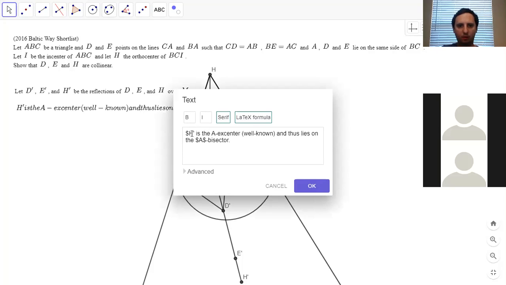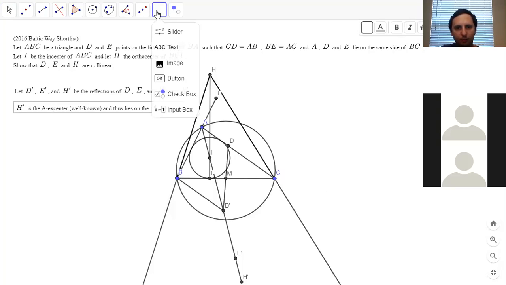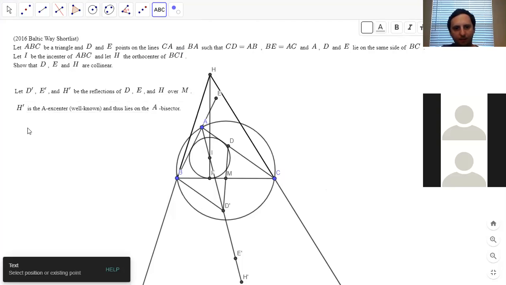And then for D prime, we have BD prime equals CD equals BA.